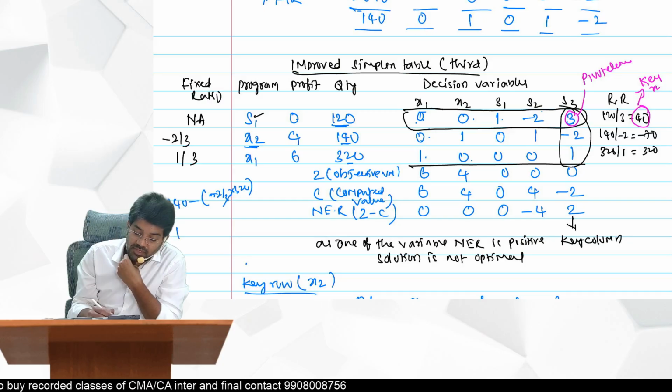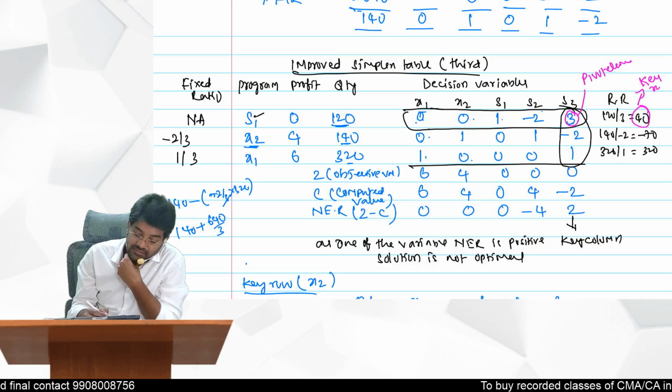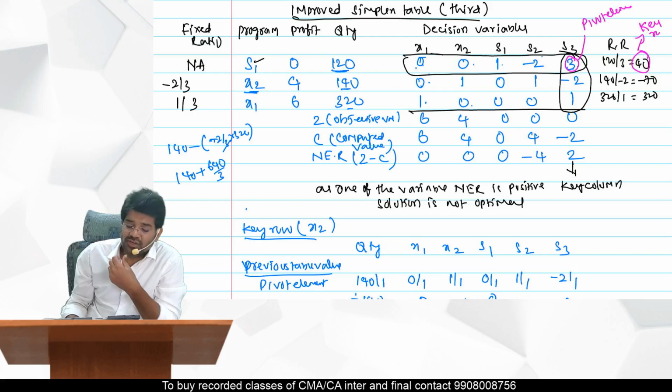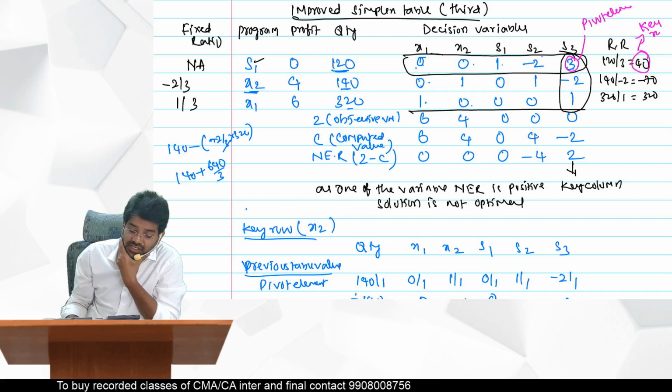This will become 140 plus 640 divided by 3. This is what you should do. In fractions only you can do this. It is better to present it in fractions only.